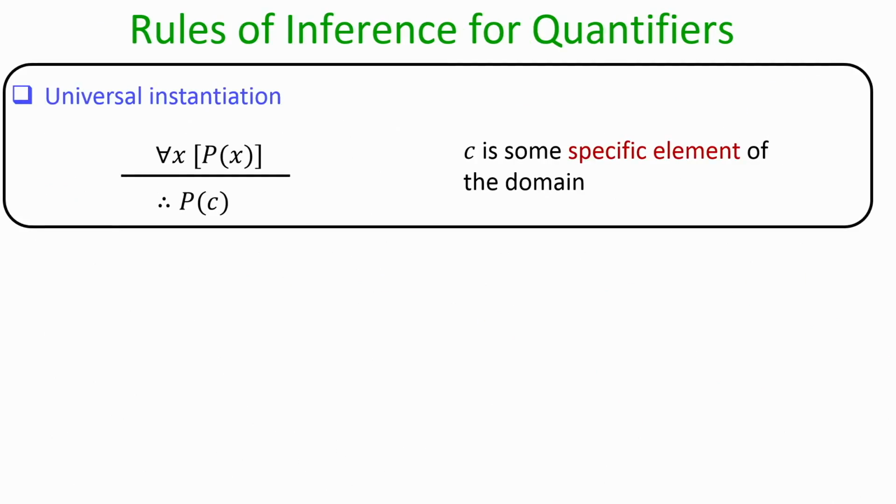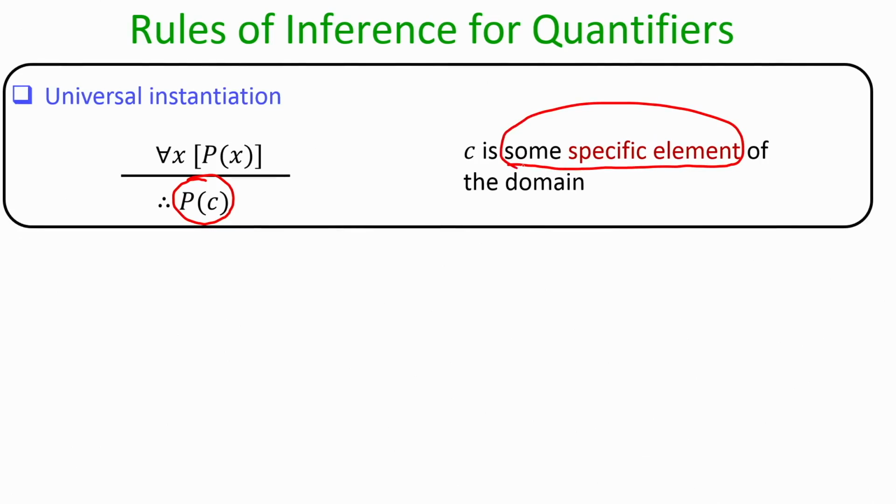Okay. Now, let us do some rules of inference for quantified statements, which are very important. The first rule of inference is universal instantiation, and the argument form of this universal instantiation is, if you are given the premise that for all x p of x is true, then you can come to the conclusion that the predicate p is true for some element c in the domain, where c is some specific element that you are interested in, that you want to explicitly specify.